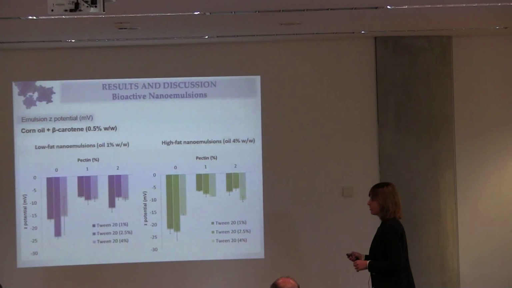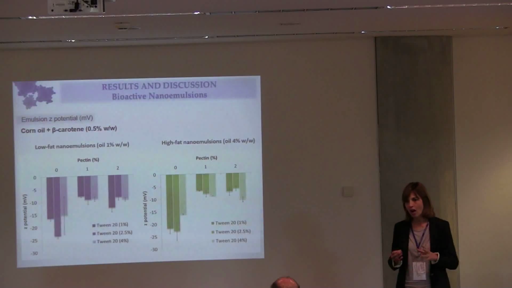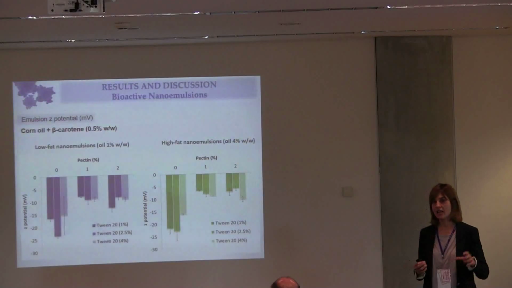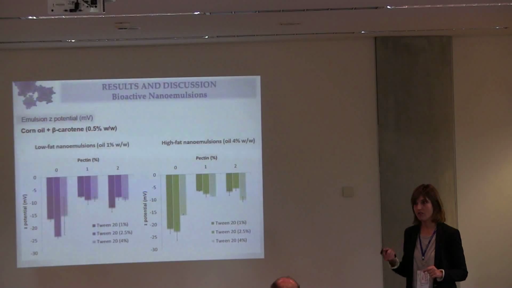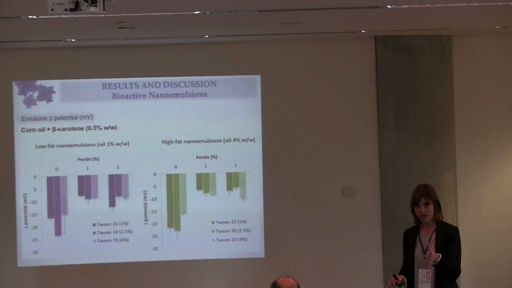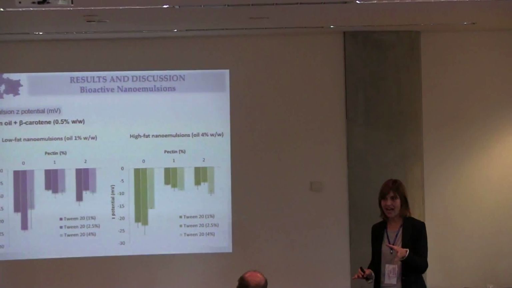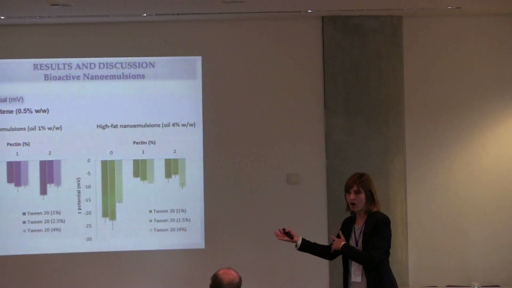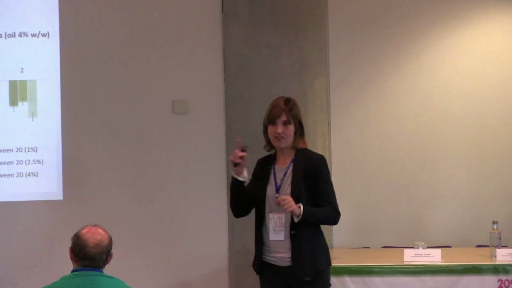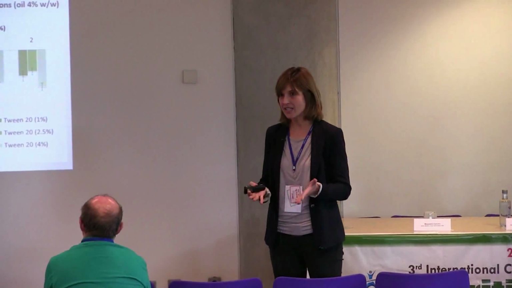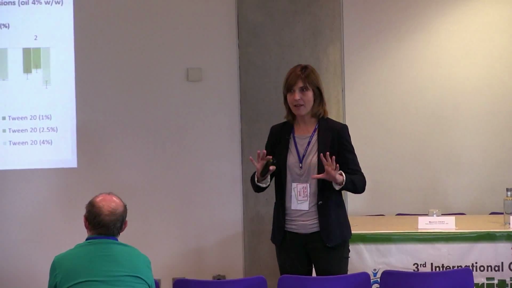Here you have the emulsion zeta potentials. This is an indicator. It gives us an idea of the electrical charge on the oil surface. Okay, so generally we know that values lower than minus 30 millivolts or higher than plus 30 millivolts give us emulsions stable enough.